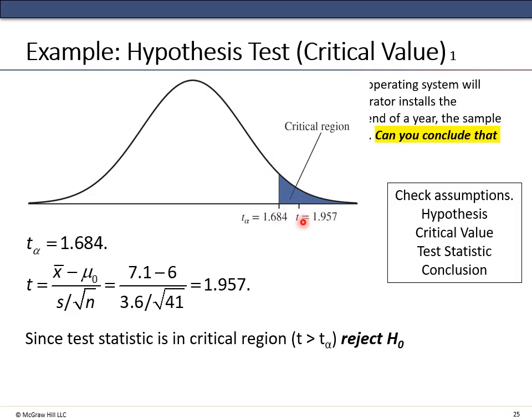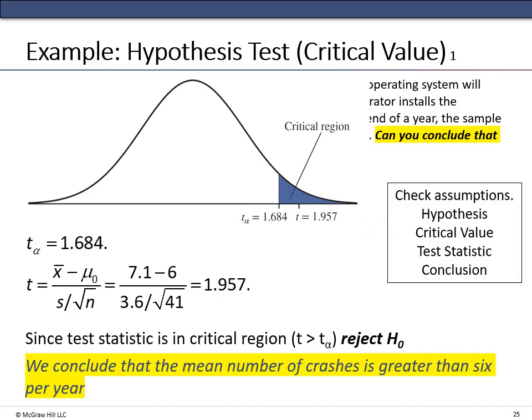My test statistic is greater than that, so it's to the right of that, in the shaded area. Since our test statistic is greater than our critical value, we reject the null hypothesis. We conclude that the mean number of crashes is greater than 6 per year.